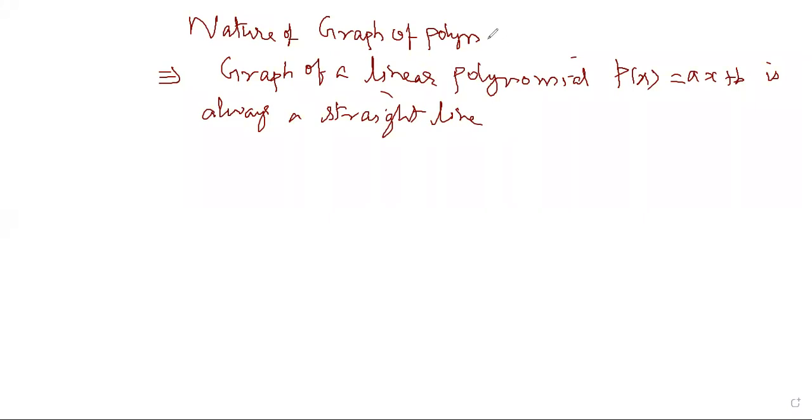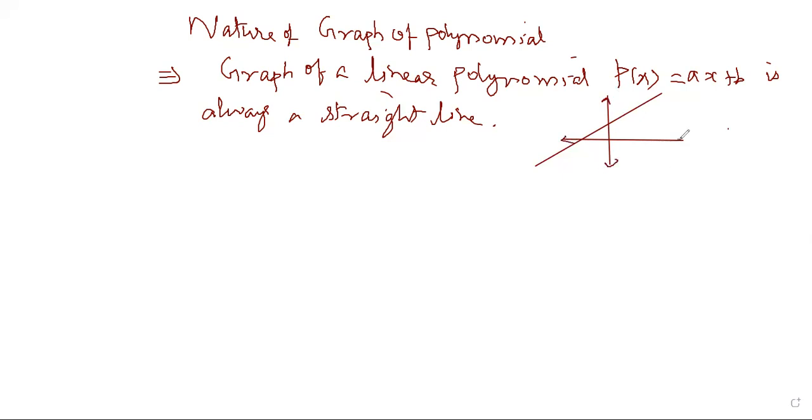If a polynomial is a linear polynomial, then its graph will be a straight line like this. Suppose we draw the graph: this is the y-axis, this is the x-axis, and the line can be anywhere, here or here like this. This is the graph of a polynomial of degree 1, that is, a linear polynomial.